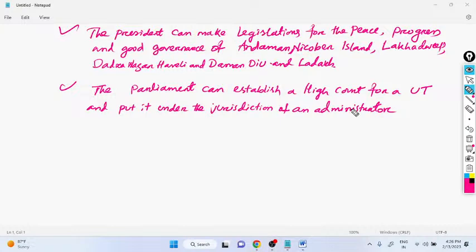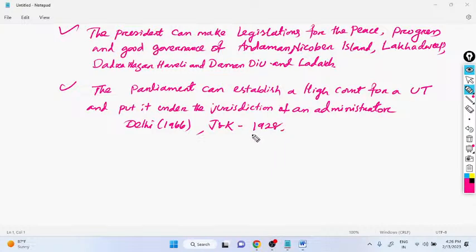For example, at present, Delhi 1966, and you can say Jammu and Kashmir. That is also not re-established, but you can say it is in 1928 established, but let's see what happens.